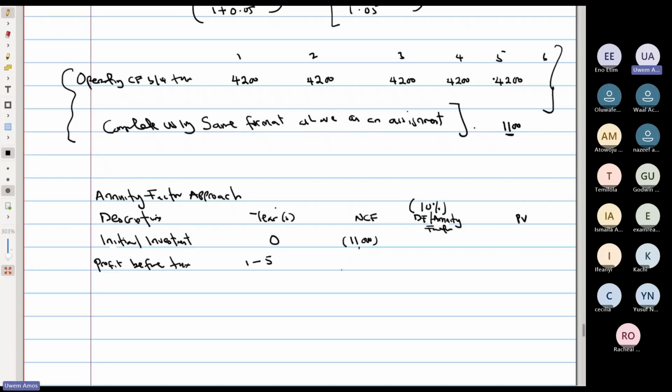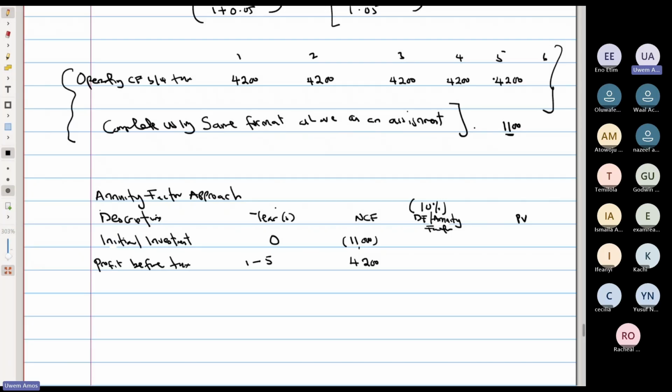So for each of those years, it is 4.2. So if it's 20 years, year 1 to 20. If it's 30 years, year 1 to 30. And that's why annuity factor format is pretty much easy compared to when you have to write out all of the years. All right. So we're going to do our profit before tax for year 1 to 5.